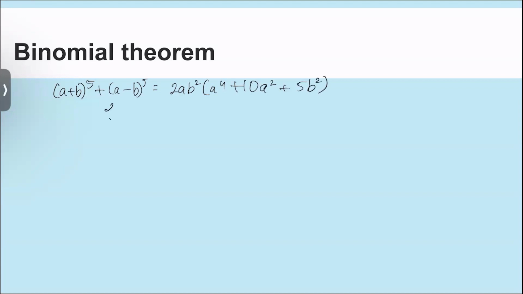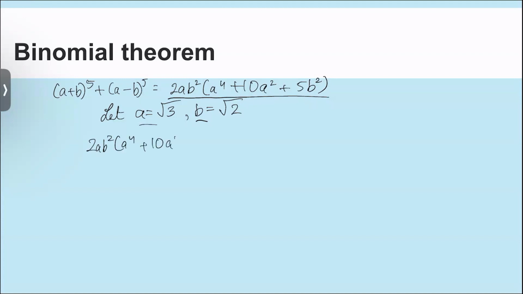Now suppose you are given a equals root 3 and b equals root 2. You input the values for a and b in this expression. So 2ab squared (a raised to 4 plus 10a squared plus 5b squared) becomes 2 into root 3 into root 2 the whole squared.